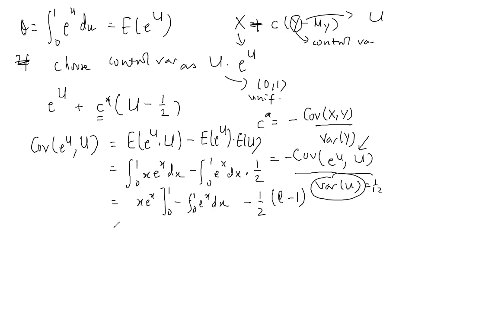So this part disappears, and you get e minus (e minus 1). So this becomes 1 minus 1/2 (e minus 1). It's just like that, right?